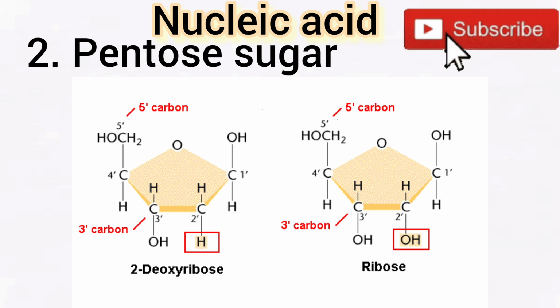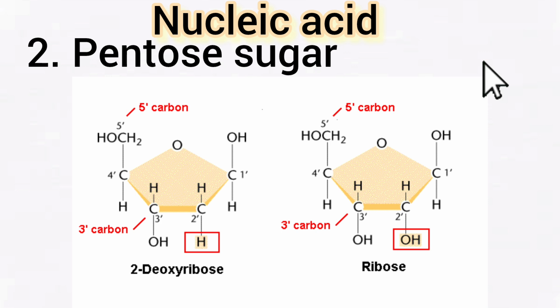Now let's look critically at the deoxyribose sugar. You realize that oxygen atom is absent in this. So it's called deoxy, which means that it has actually lost oxygen, while in the ribose sugar, oxygen atom is present. So this is the simple difference between the deoxyribose sugar and the ribose sugar.